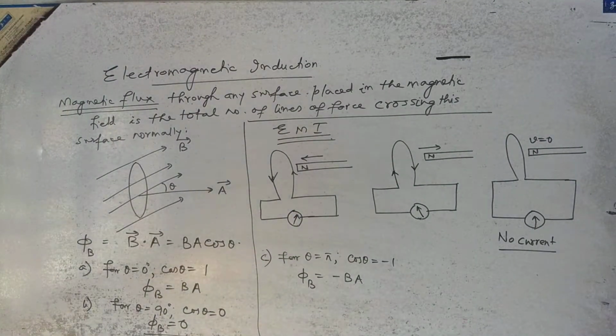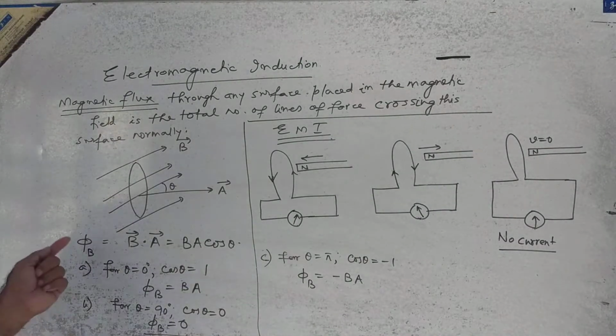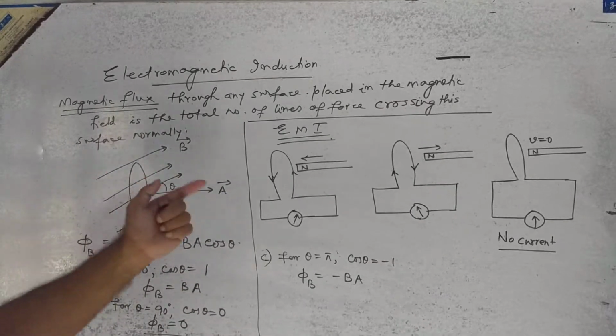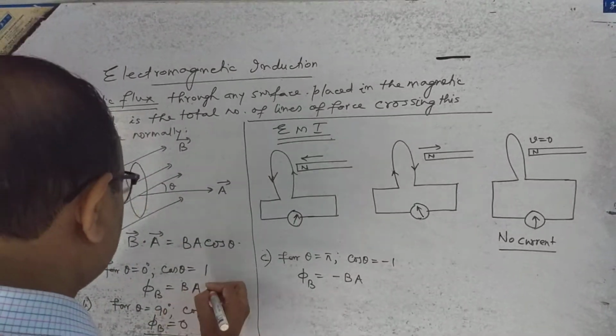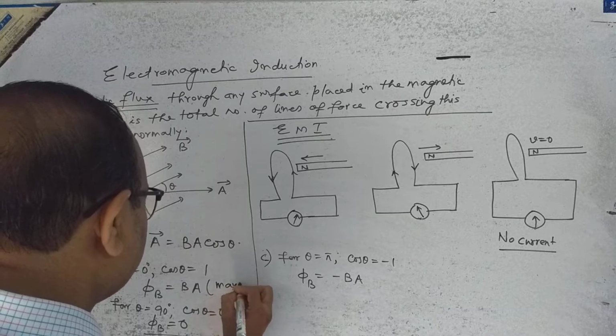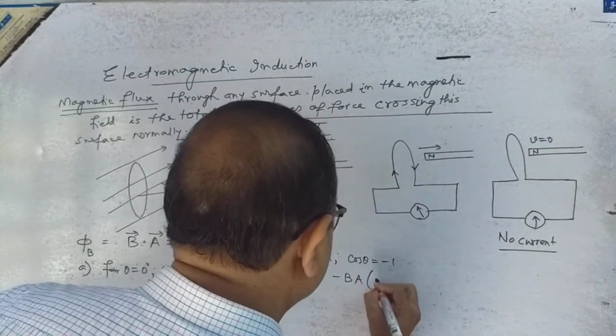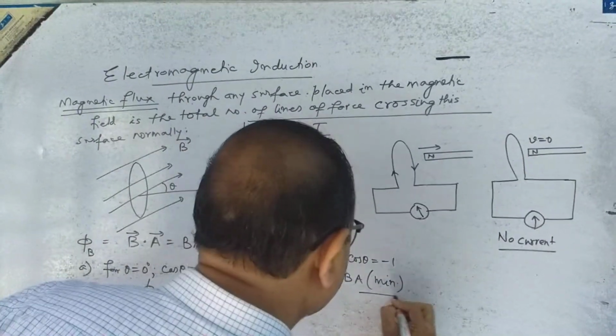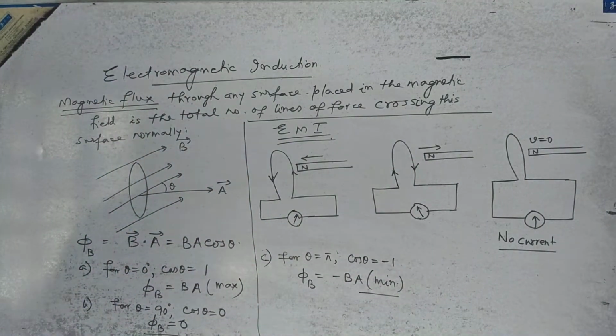All the three cases are completely visible. And since you know dot product is always a scalar quantity, so this value will be the maximum value and this value should be the minimum value. As far as flux is concerned, it is this.